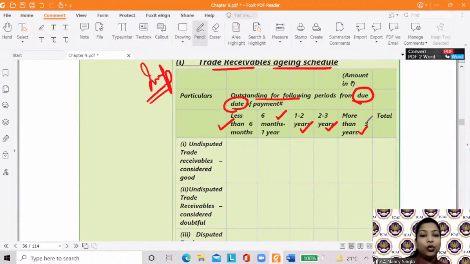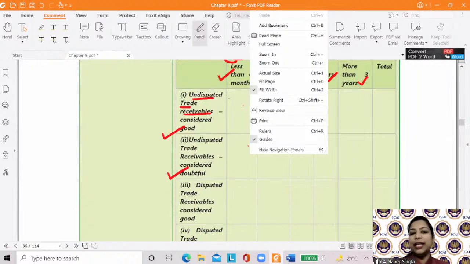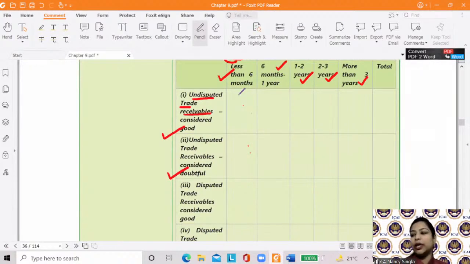And how to bifurcate the debtors: if there is any undisputed trade receivable, there is no dispute, if these are good or these are considered doubtful, दोनों के लिए separate category में you need to write whether these are due for less than 6 months, or 6 months to 1 year, 1 year to 2 years, 2 years to 3 years, or more than 3 years.